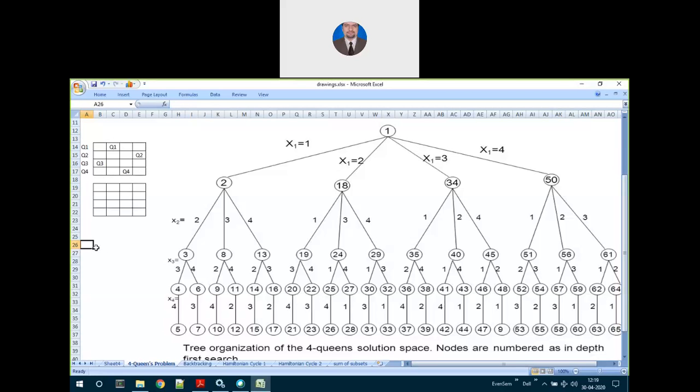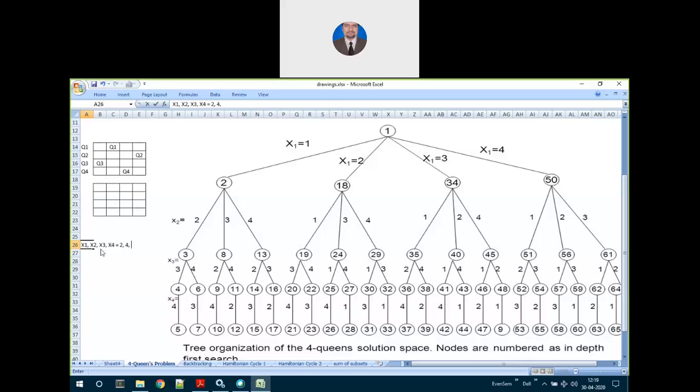Here x1, x2, x3 and x4 is equal to actually what? x1 is the position of Q1's column. So Q1's column is what here? That is 2, comma. Then x2 is for Q2. So Q2 is on which particular column? Fourth column. So it is 4, comma.